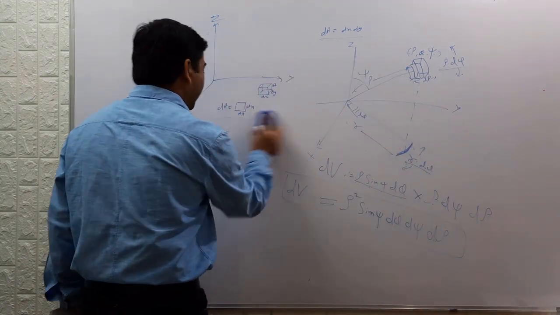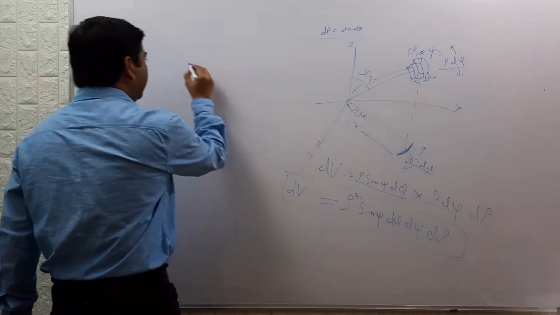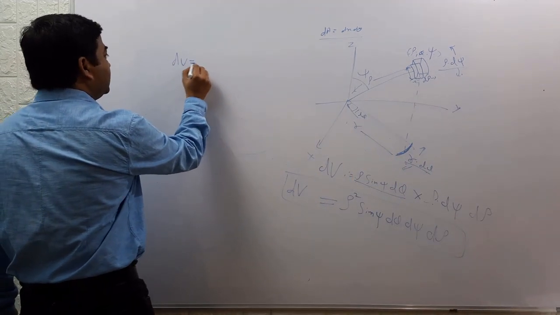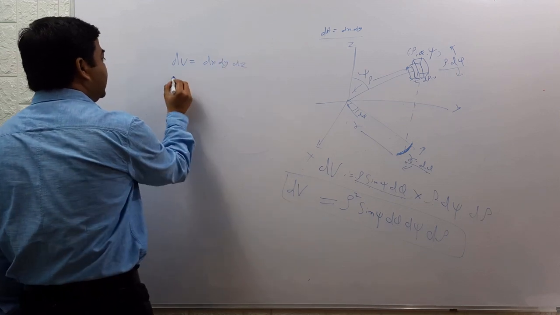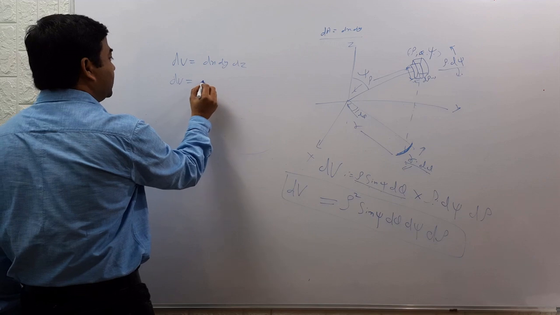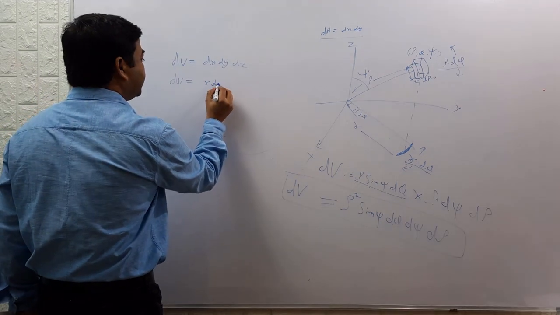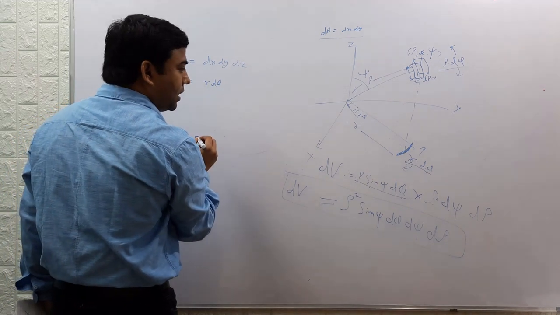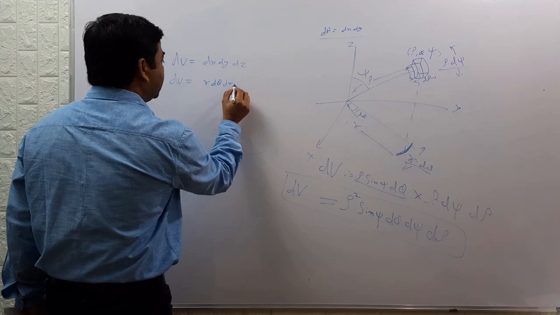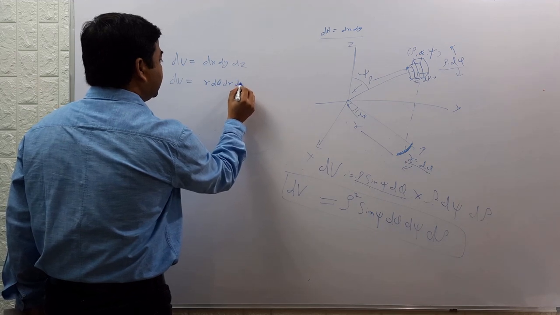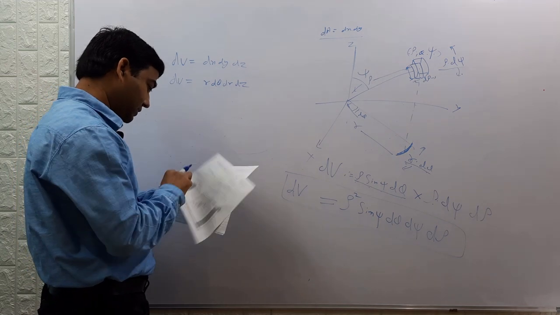So we will write all these expressions in one place. In Cartesian form, dV is equal to dx dy dz. In cylindrical form, dV is equal to r d r d theta dz.